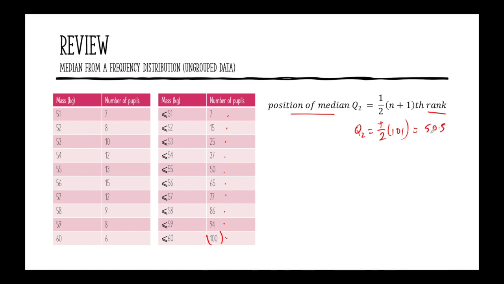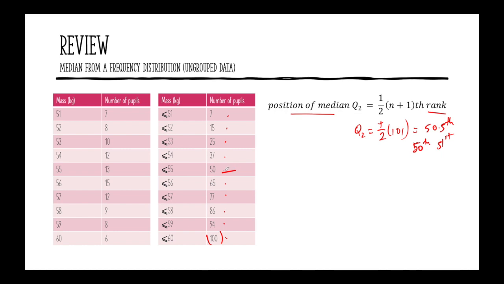So we know that is the 50.5th student, right? You can't have a 50 and a half student. So the mass we're looking for has to be between the 50th student and the 51st student. So we go in here, and this is where we look in our ranking.